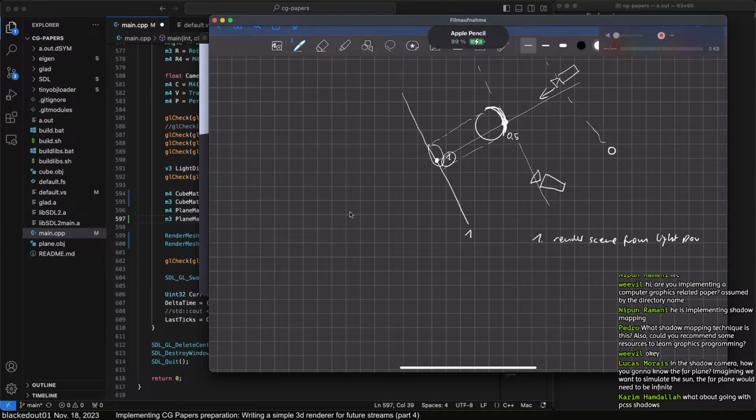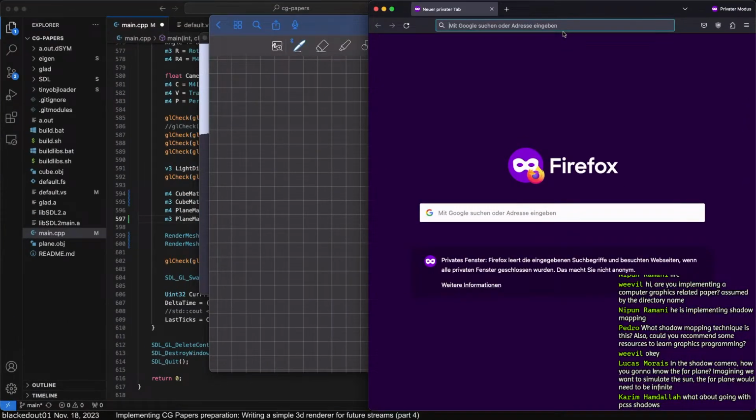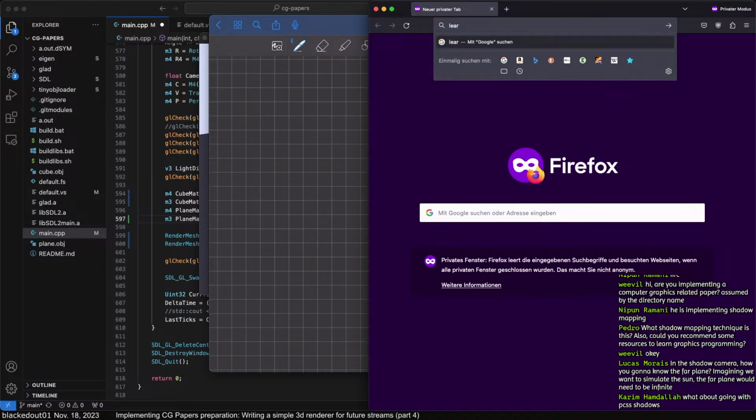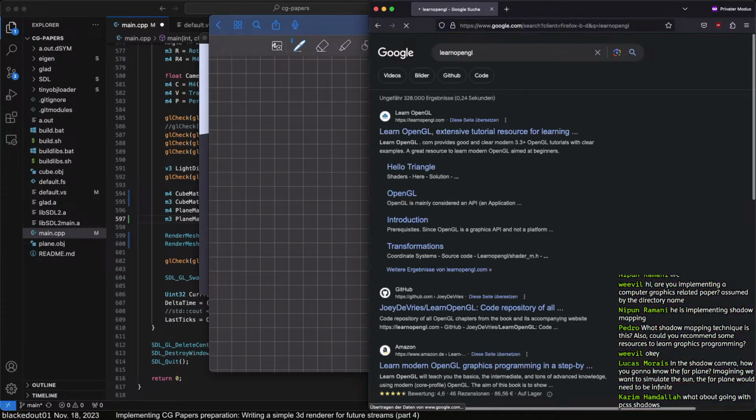Hello, Pedro. So yeah, I don't really know if this has a name. I think it's just called shadow mapping. A good resource for this would be Learn OpenGL.